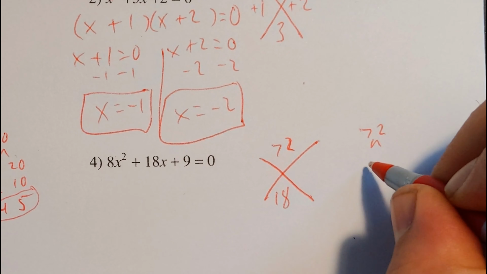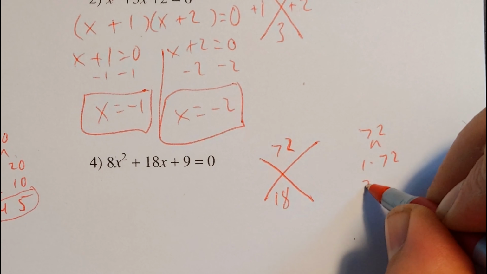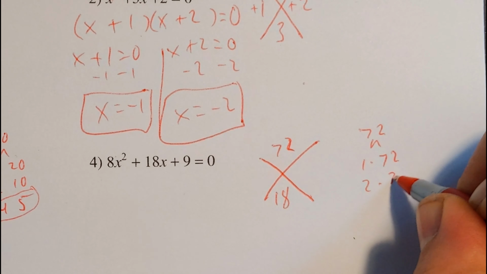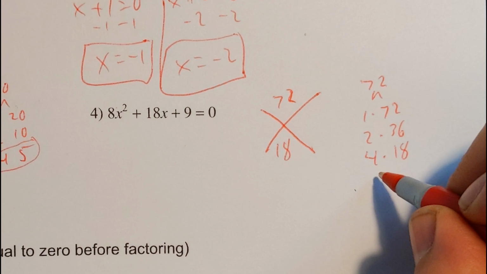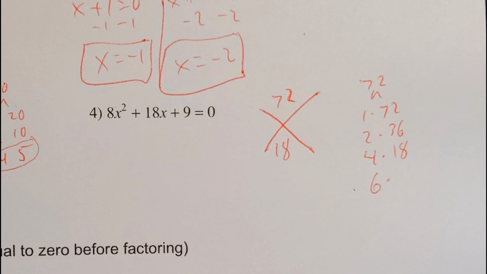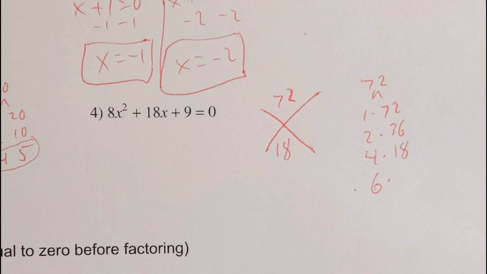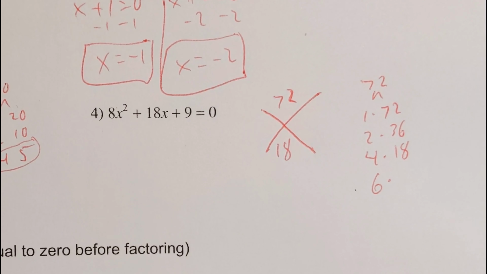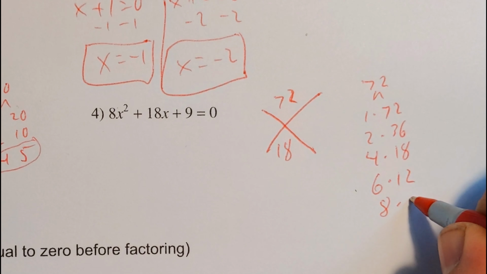So 72 could be 1 times 72. It can be 2 times 36. It can be 4 times 18. It can be 6 times 12, and it could be 8 times 9.